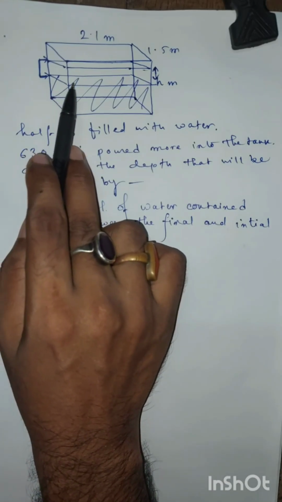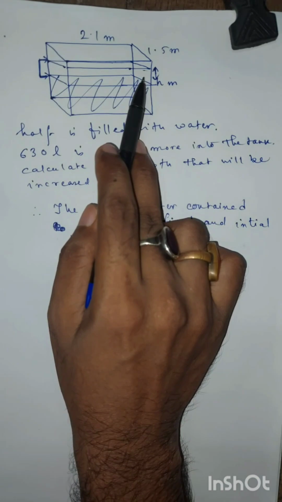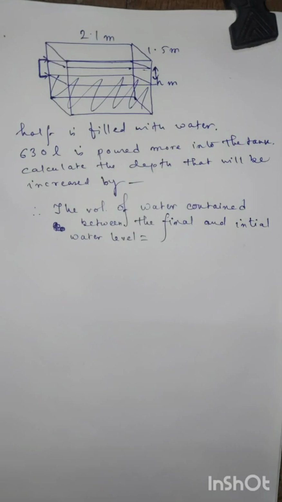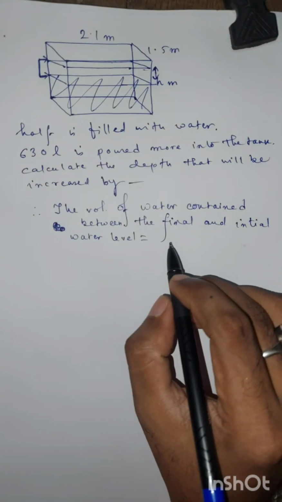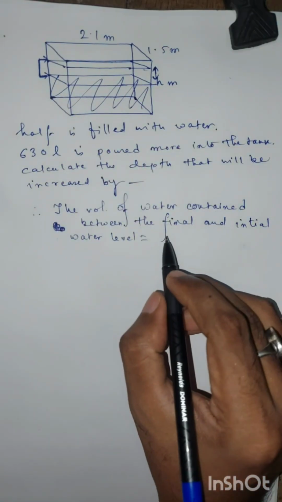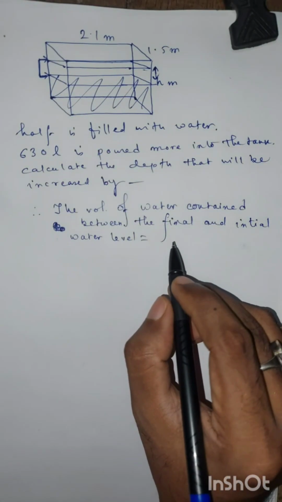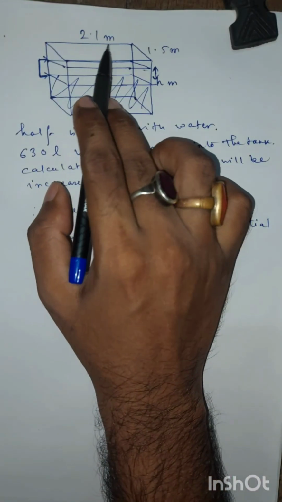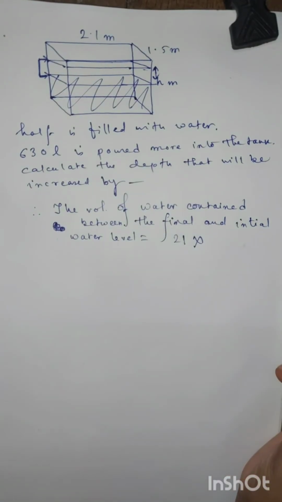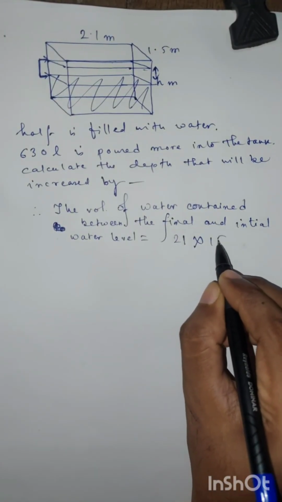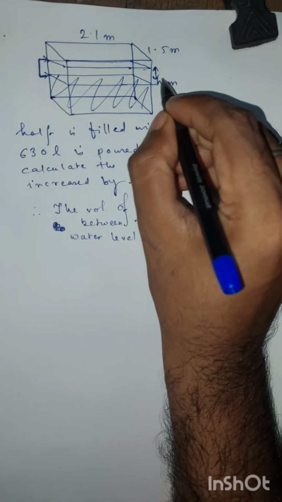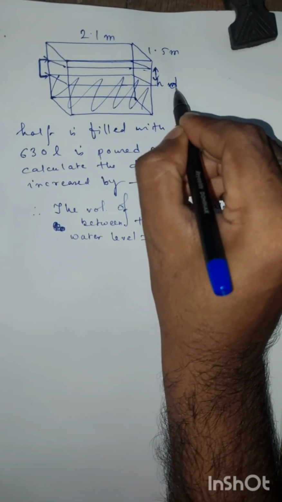So we are trying to calculate the water contained in this region. That is, this middle part is also a cuboid with length 2.1 meter, that means 21 decimeter, into 1.5 meter, that means 15 decimeter, into, let us say, h decimeter. The rise in level be h decimeter.